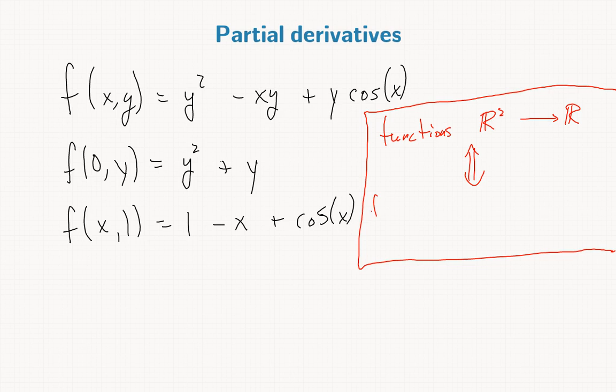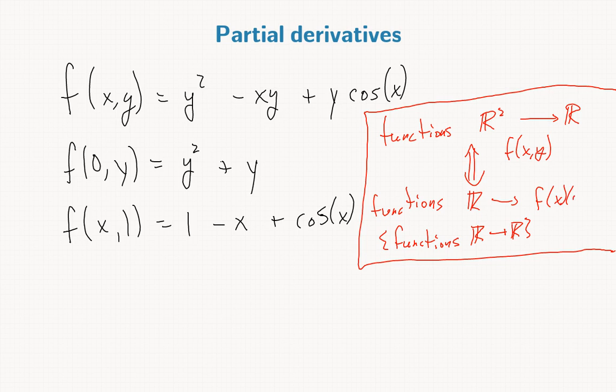But you could also think of it as a function which takes in one number and spits out another function, functions R to R. So from the first point of view, you'd be writing f of x,y. In the second point of view, you'd be writing f of x of y, or maybe f of x comma blank of y.